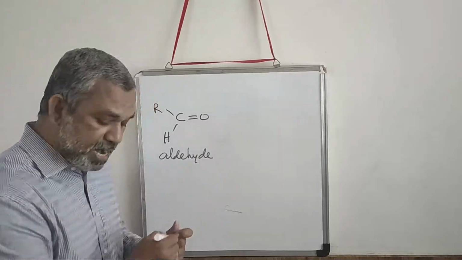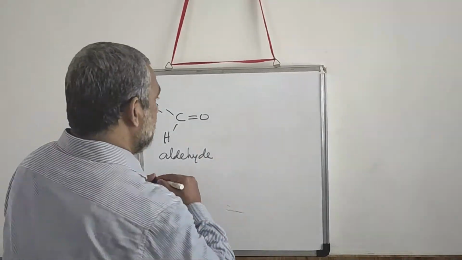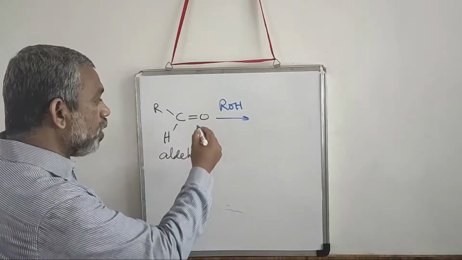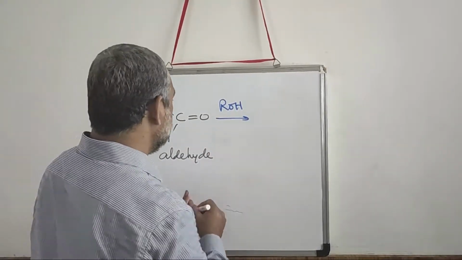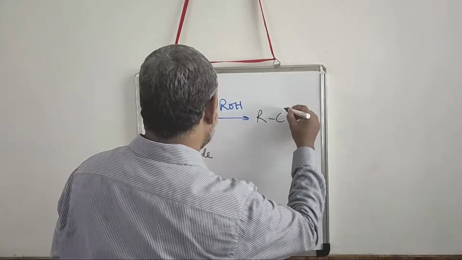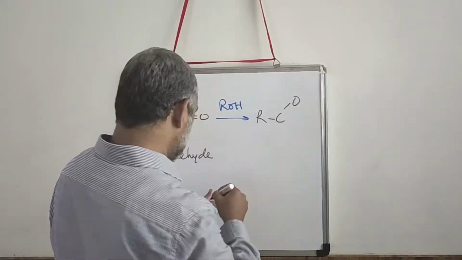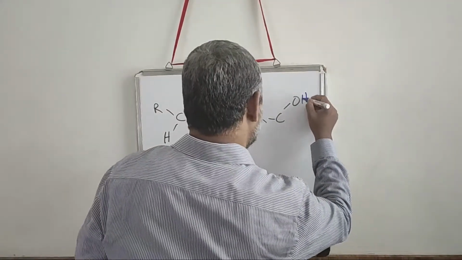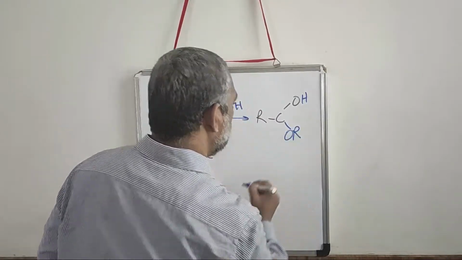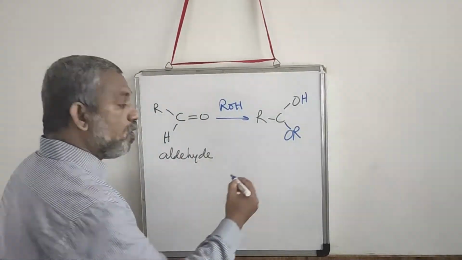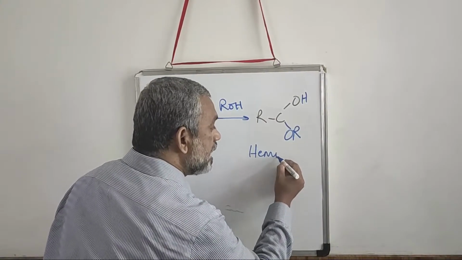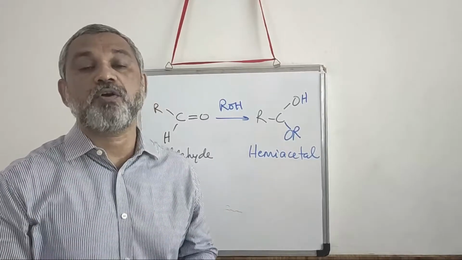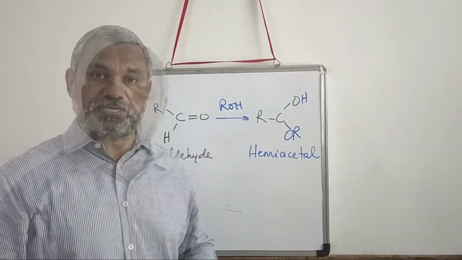What happens to an aldehyde is, add ROH, and this aldehyde becomes O, and this gets distributed. This is what we call a hemiacetal. Remember, a hemiacetal is formed because of intramolecular rearrangement.